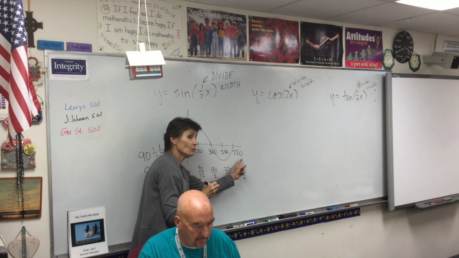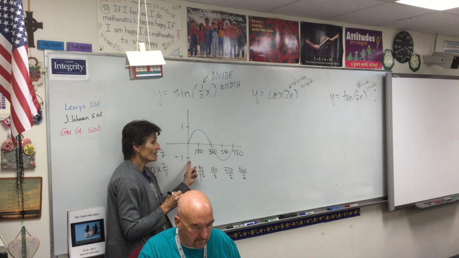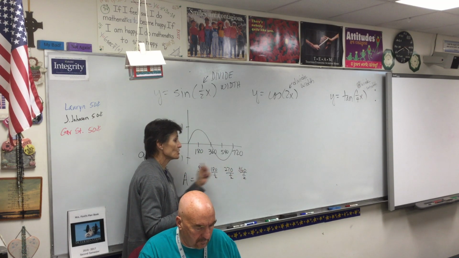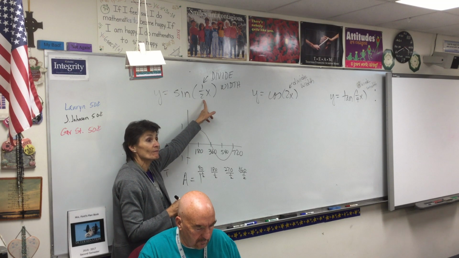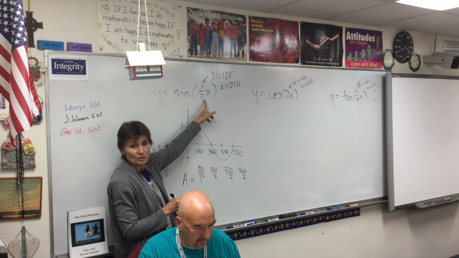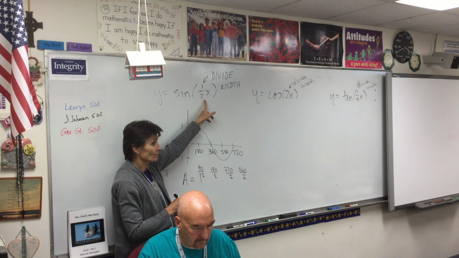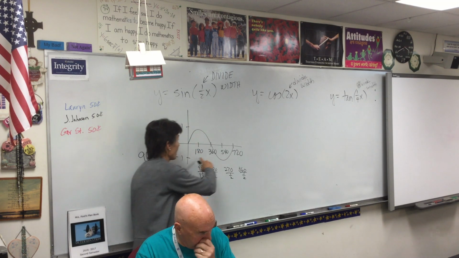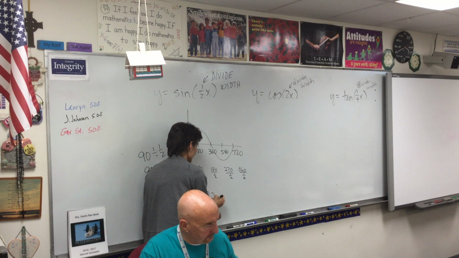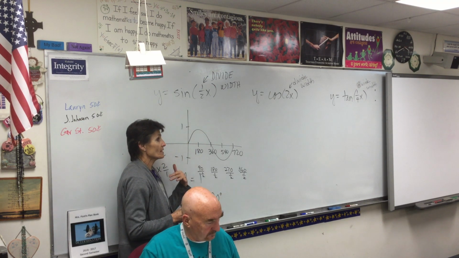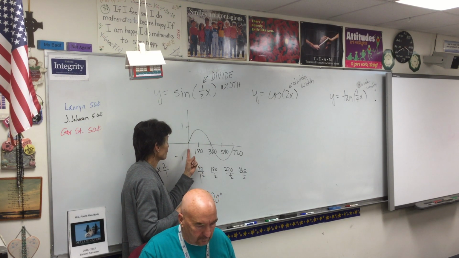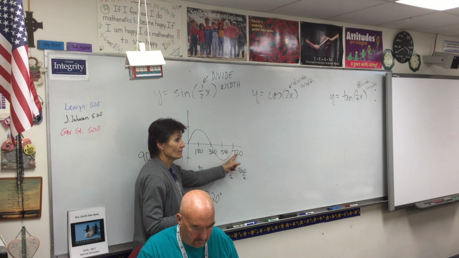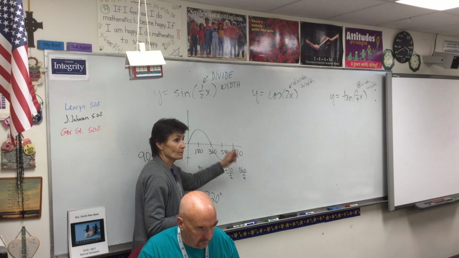So here are the new labels. They're all 2 times the original, because I had to divide by a half, which is the same as multiplying by 2. That means my period now is 720 degrees, because the period is the distance from start to finish. Right?